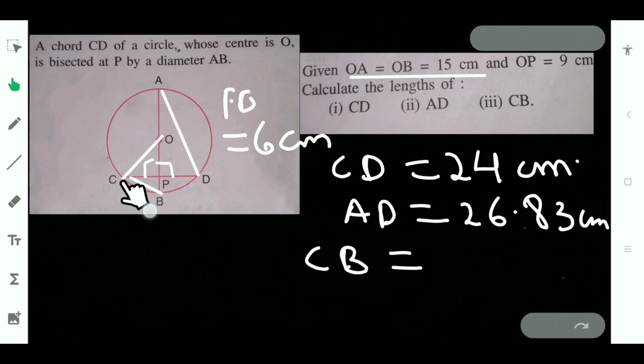Now angle CPB is equal to 90 degree. This we can get by vertically opposite angles or by linear pair. Anything is satisfied over here, because angle APD is nothing but 90 degree. So vertically opposite angle CPB will be equal to 90 degree.